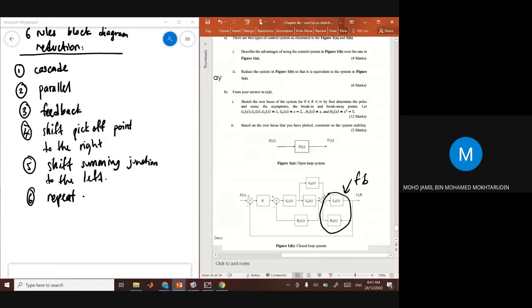And then after you simplify the feedback, then you need to go for rules number 4 and number 5. So if you look at rules number 4, you need to shift pick-off point to the right. So you can take this pick-off point and shift to the right. Okay, so let's simplify these 2 first, okay?